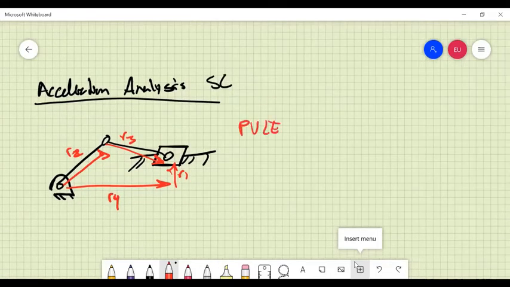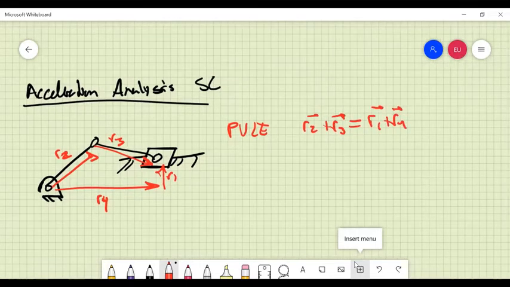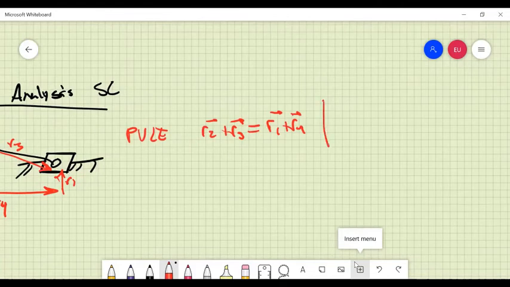Position vector loop equation was then just as above, which were the outcomes in this case. It was theta 3 and R4. R4 as a function of theta 2.